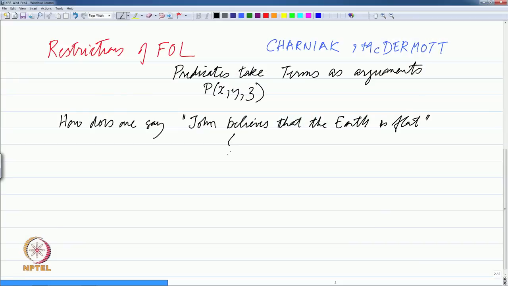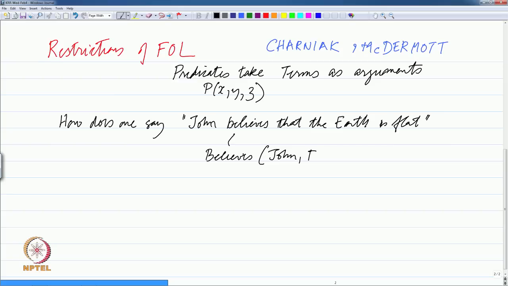Now, our natural tendency would be to say that there is a predicate for the word believes, and the arguments to that predicate could be who believes what, for example. So, you might want to say something like John, but what does he believe essentially? The earth is flat.